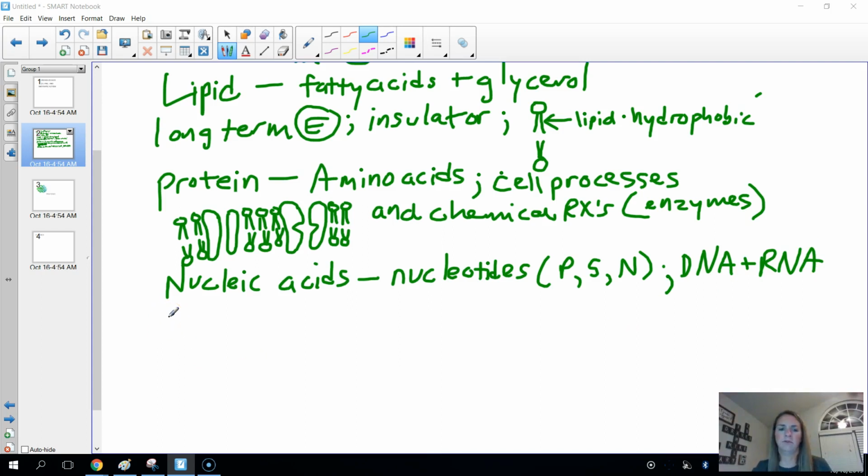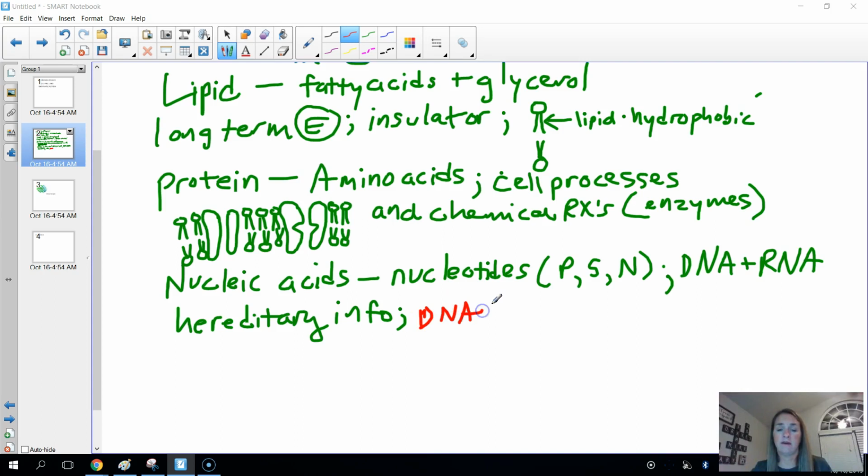A couple of the responsibilities or roles or functions of nucleic acids is definitely hereditary or genetic information. And if you think about it, when we talk about the protein pathway, going back to early September, in order for proteins to be made in the cell, there's DNA that's inside of the nucleus.